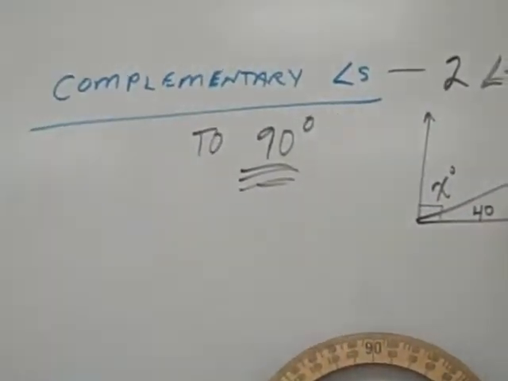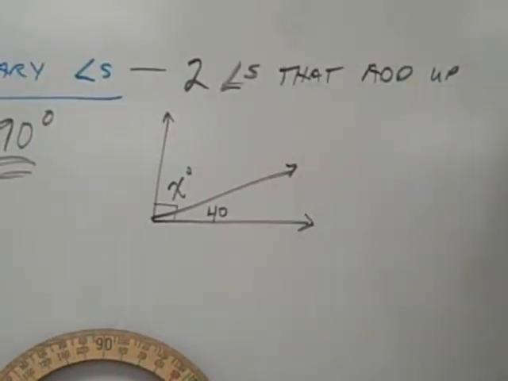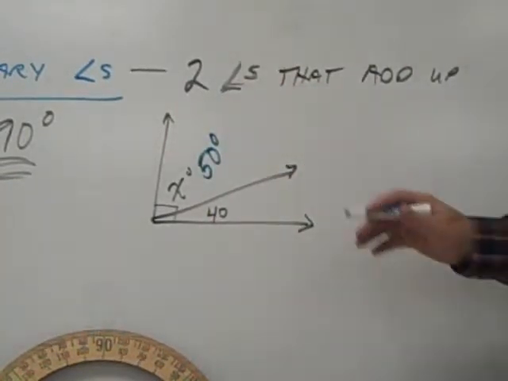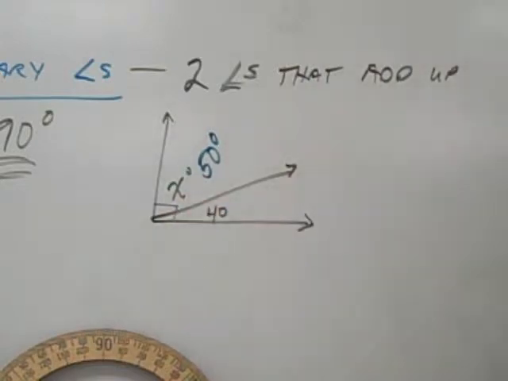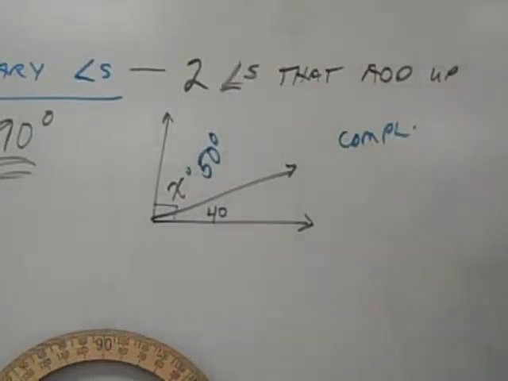So if this one's 40, what does this one have to be? 50. Does everybody agree this one has to be 50 for it to make the 90-degree box there? So these two angles are said to be complementary because they add up to 90.